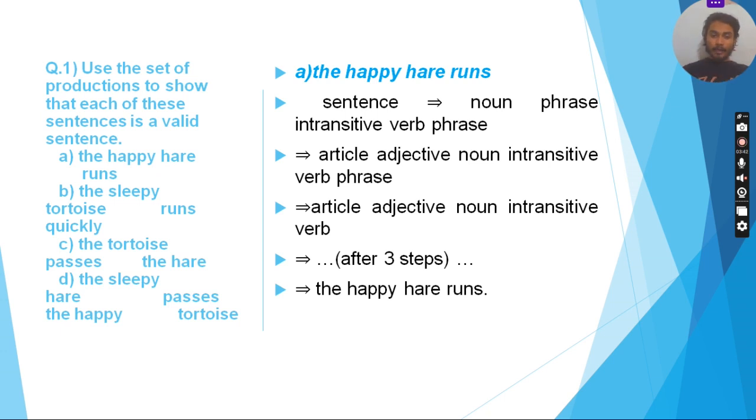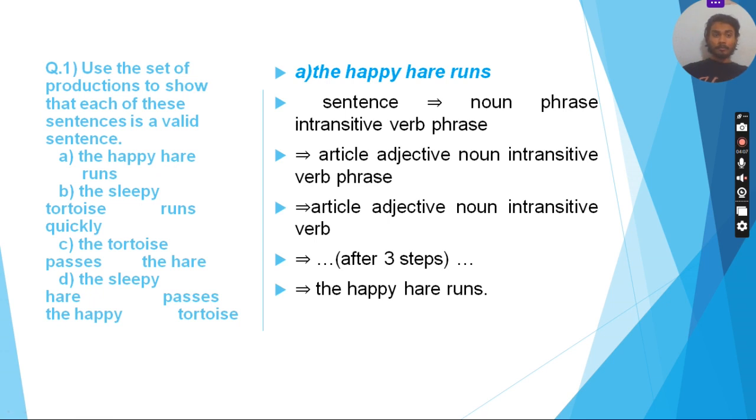When we go through this, we can say it has the as an article, hare as a noun, runs as an intransitive verb, and happy as an adjective. So we can conclude that the happy hare runs is a valid sentence. This is how we conclude.